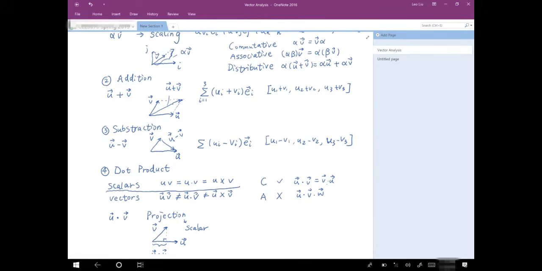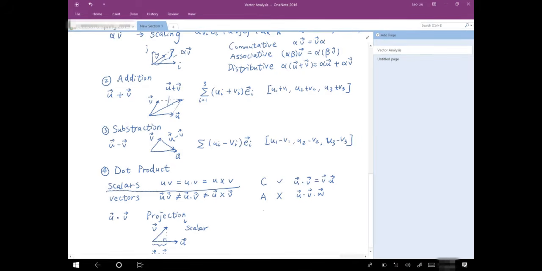Why? Let's take a look. The dot product of U and V is going to be a scalar, right? Between a scalar and a vector, there's no dot product. So it's not valid. That's why we don't have the associative law for the dot product.